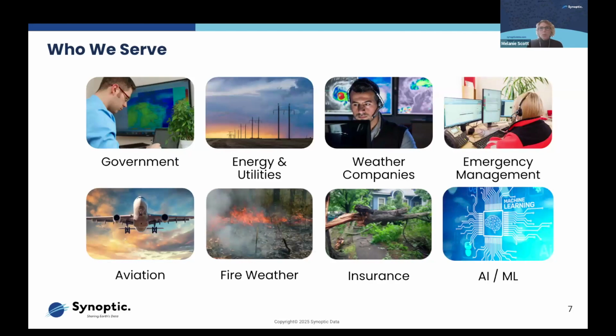Just a little bit about who we serve, in case you weren't aware. Obviously, I've talked about some of our larger government contracts, but we work with other government agencies, not just NOAA or the National Weather Service. We do a lot of work with energy and utilities, especially as they have fire weather situations. They may need to shut down power.